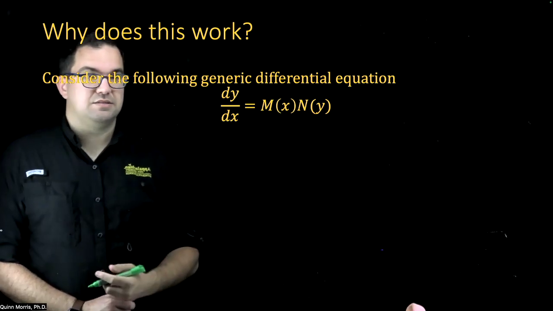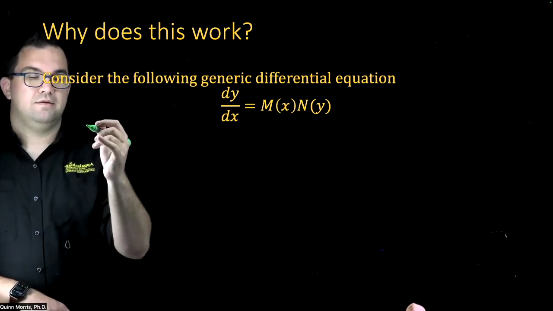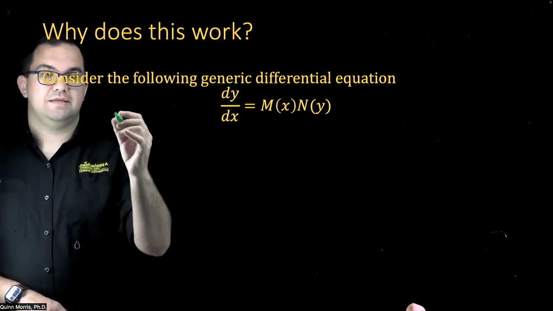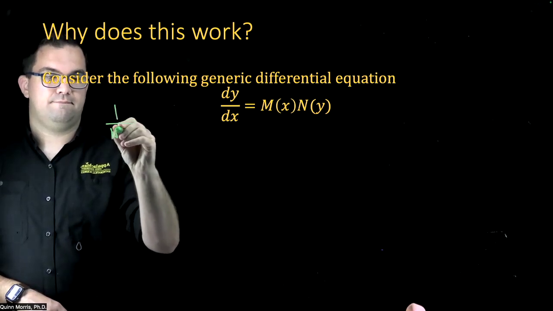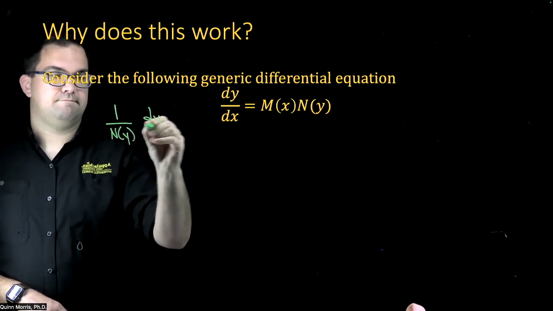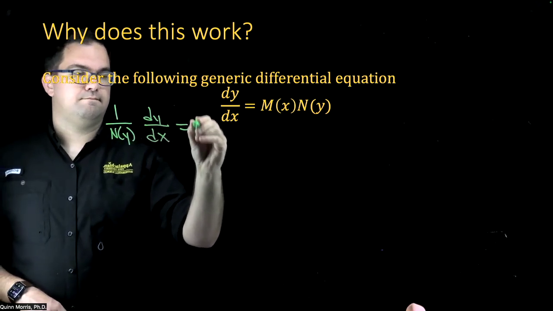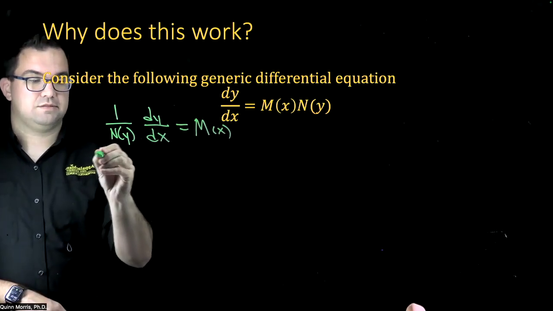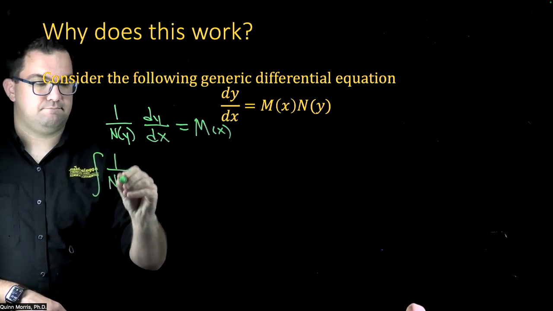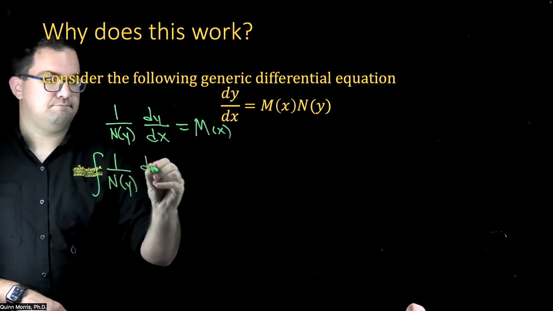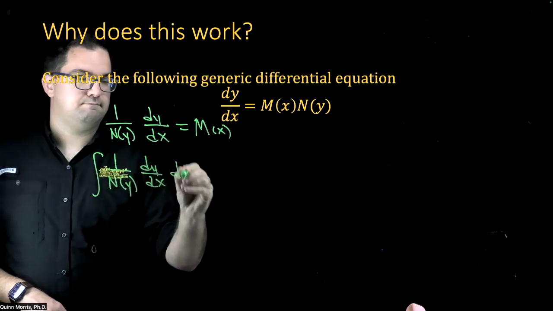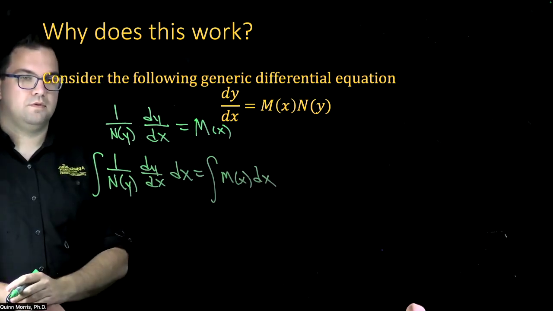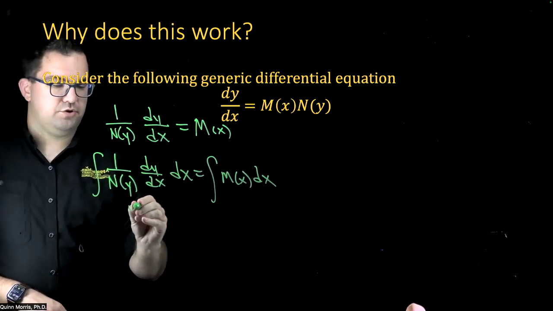And so again, in this particular situation, if I wanted to be really precise about it, what I would say is, okay, I can bring the y stuff over. And now I'm going to integrate both sides with respect to x. Now this piece I can do a quick u substitution on.